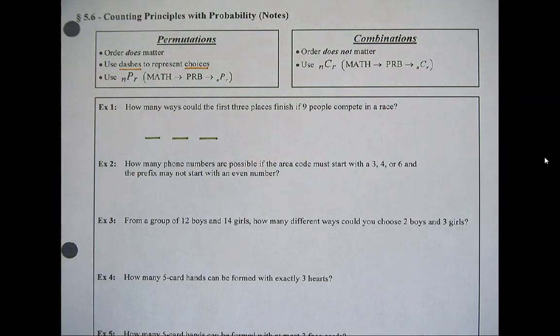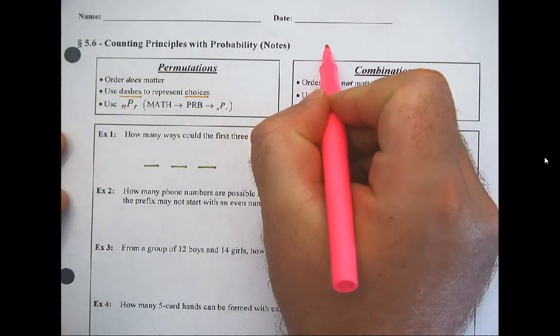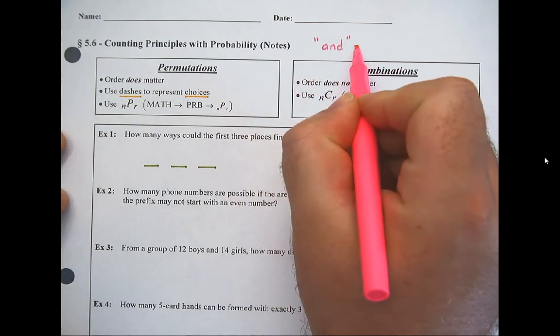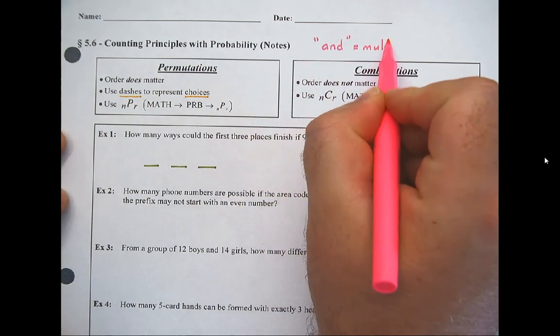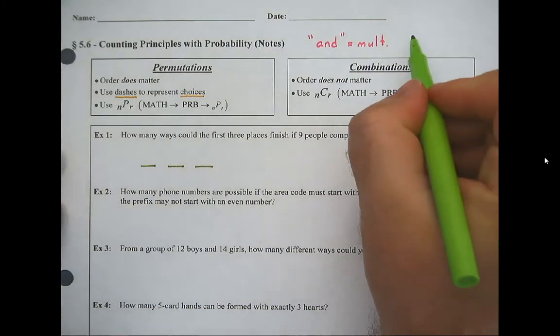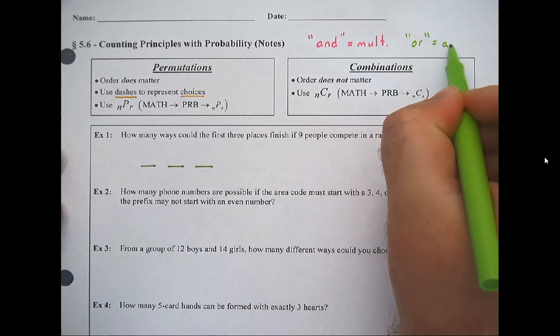And I'm saying "and" like that because "and" and "or" mean 2 different things in probability. "And" usually means multiplication. "Or" usually means addition.